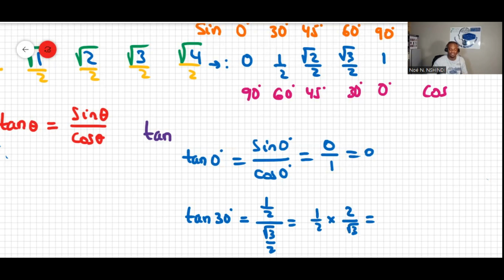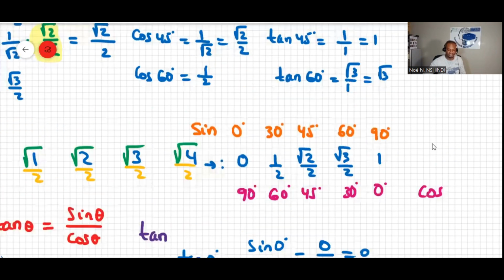As we learned in previous grades, this is going to be 1 over root 3. Then we can rationalize this by multiplying by root 3 over root 3, and the answer here will be root 3 over 3. That's tan of 30 degrees, root 3 over 3.